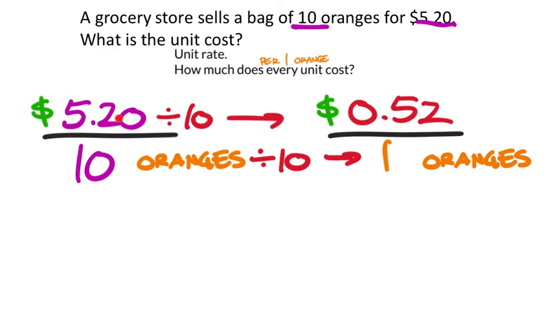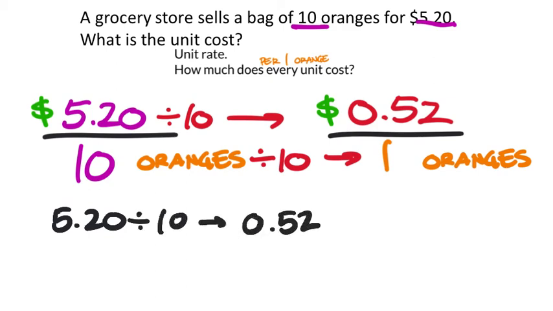Because look, 5.2 divided by 10, that's the fraction. It's just, I'm kind of showing it in a different way. So in the beginning, as long as you understand this, and I'm not saying everyone does because it's kind of new, if you just took the 5.20 and divided it by 10, you would have gotten the answer of 52 cents, as long as you understand it's 52 cents per orange. That's the main thing, okay?